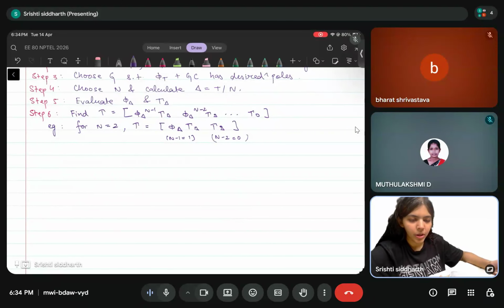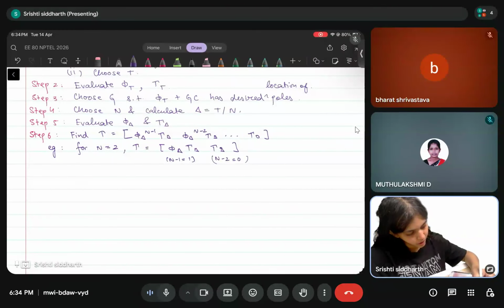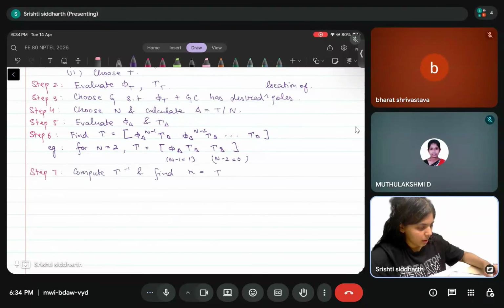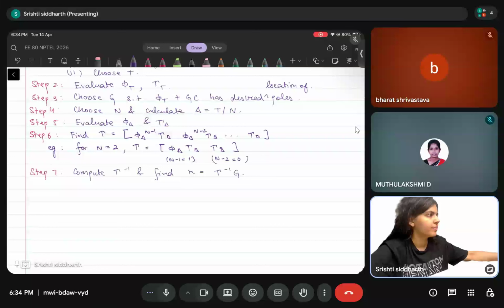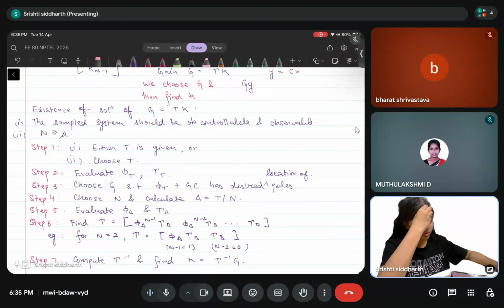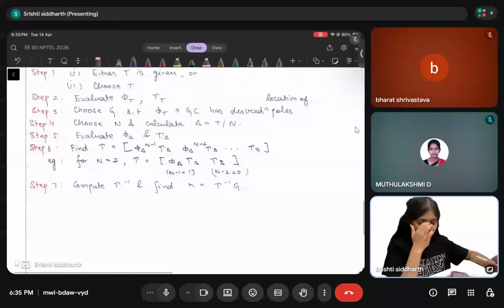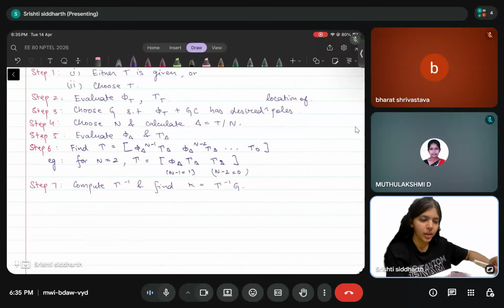Then if the system is controllable and observable and we have chosen n to be equal to mu, then we can compute gamma inverse and find K equals gamma inverse G. So we discussed a question in the last tutorial about finding out the controllability of a nuclear reactor.